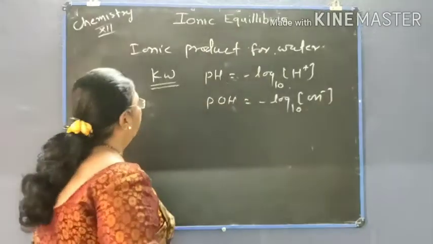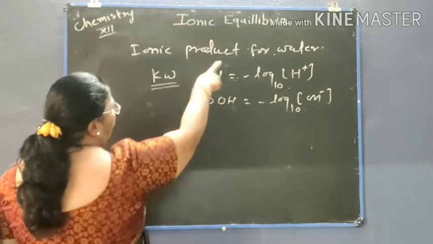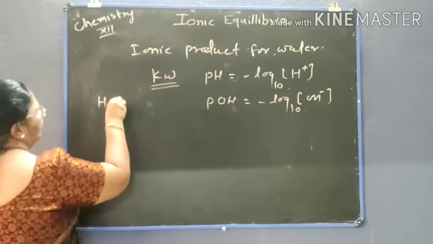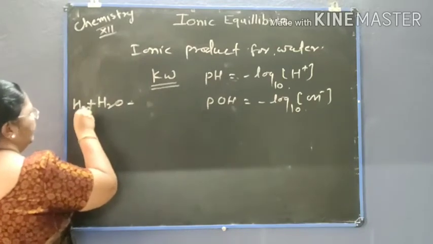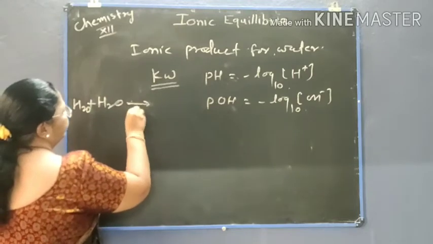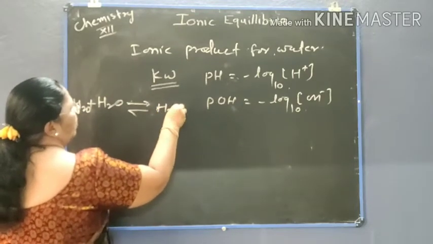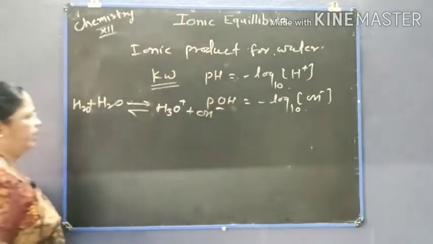Now you will calculate the ionic product of water like this. Two molecules of water H2O dissociate at equilibrium to give H3O plus and OH minus.